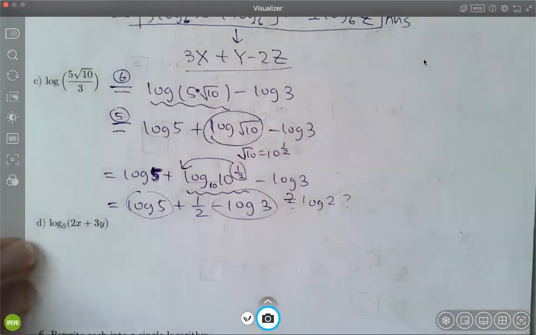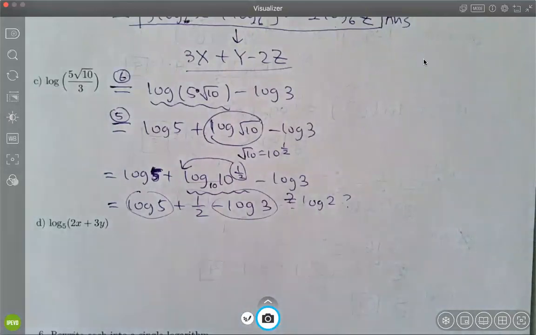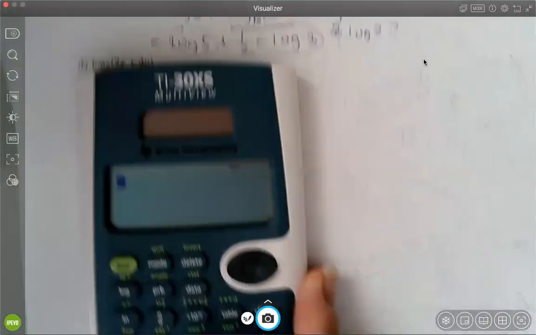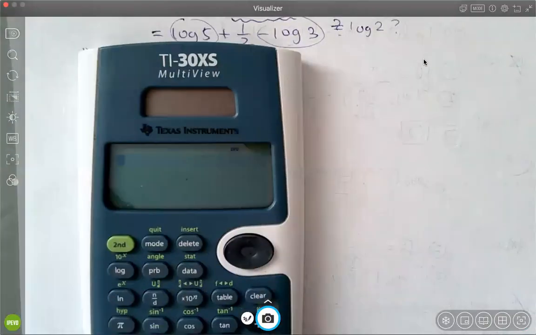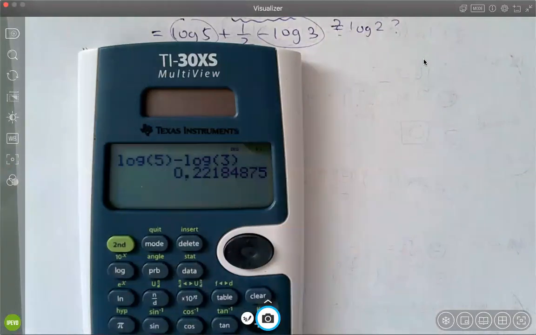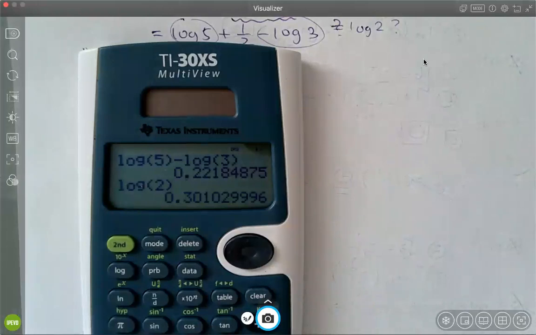If you have a calculator, log 5 and then minus log 3. You get roughly 0.2218. And now, what is log 2? Do you get the same decimal? No. So they are not the same.